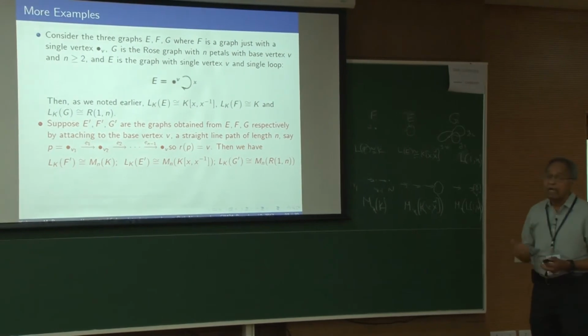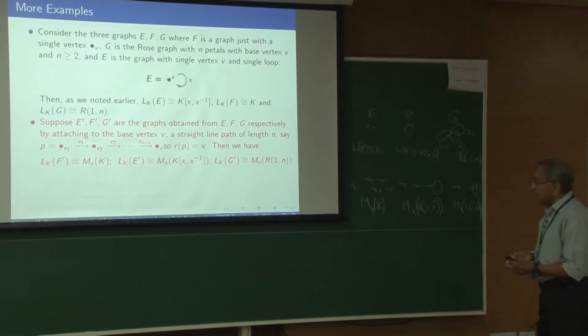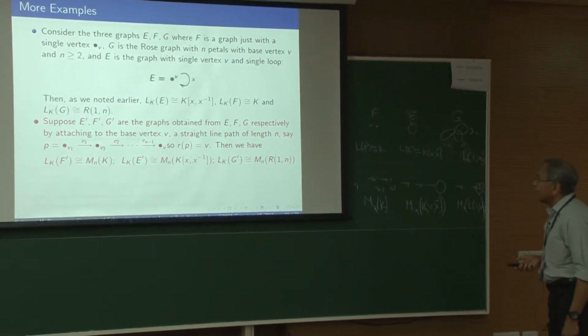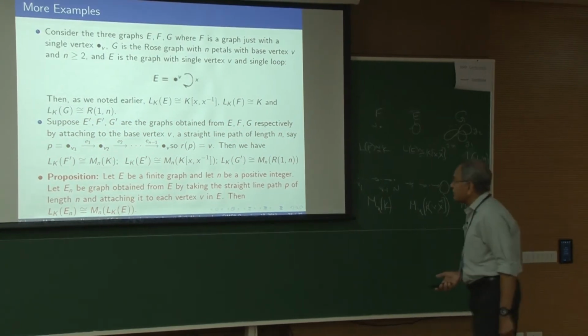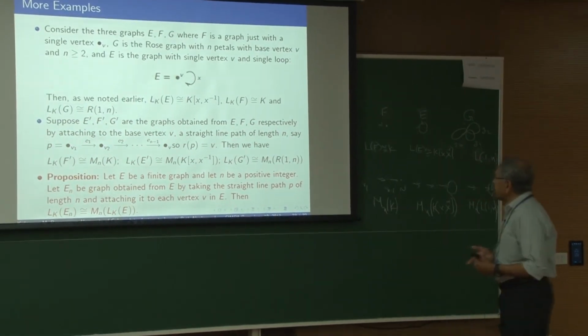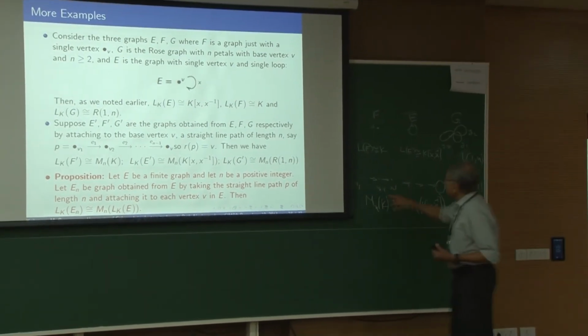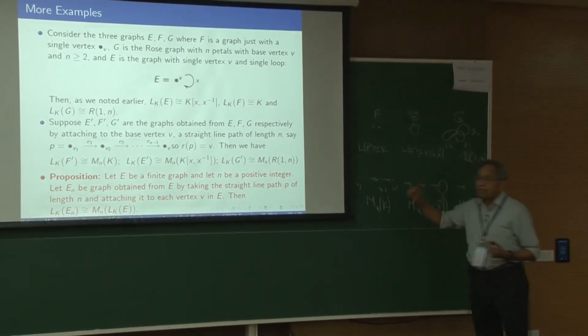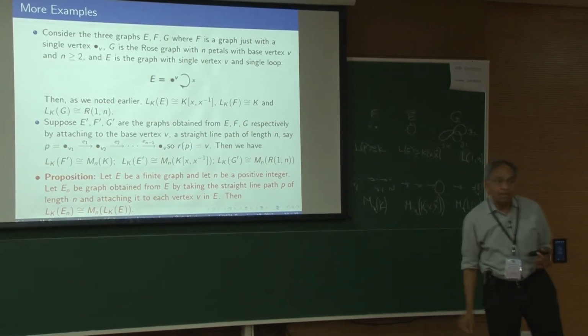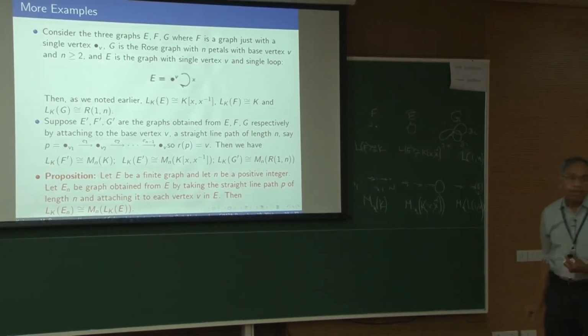The same idea can be generalized, and it works if you take any finite graph and attach to every vertex in the finite graph a straight line segment of length n. Question: are the numbers n the same as the number of petals?